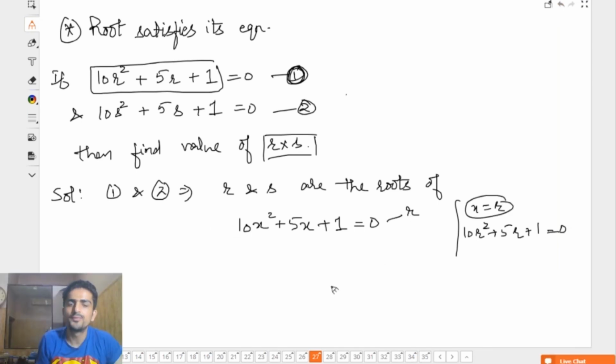Now put x equal to s in this equation. You get 10s square plus 5s plus 1, and the second equation is telling me that it is also zero. So r and s are the roots.